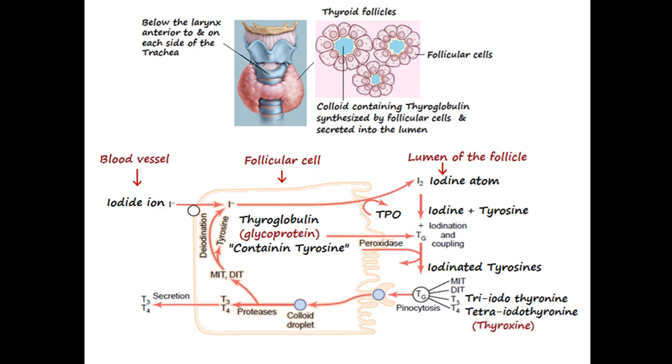The follicles are separated by a small amount of connective tissue, and these follicles are lined by the follicular cells, which are cuboidal epithelial cells.